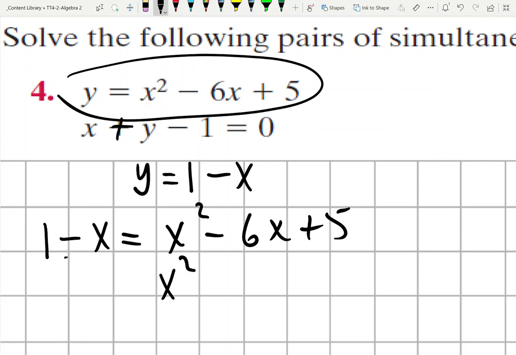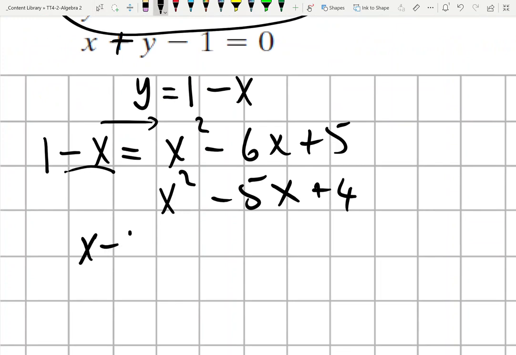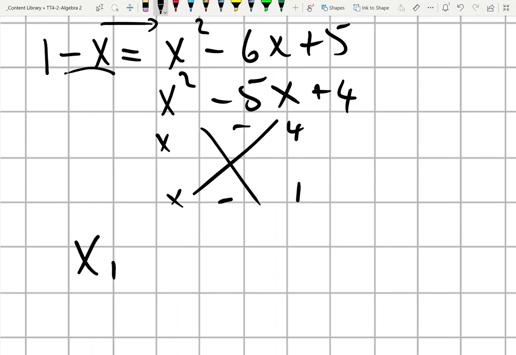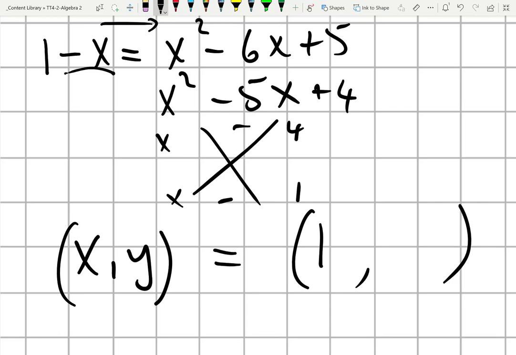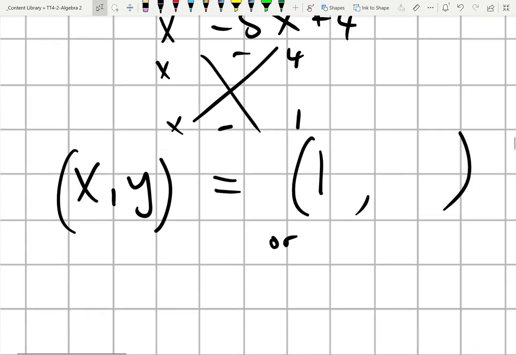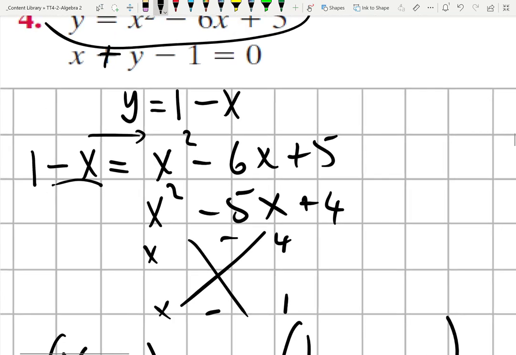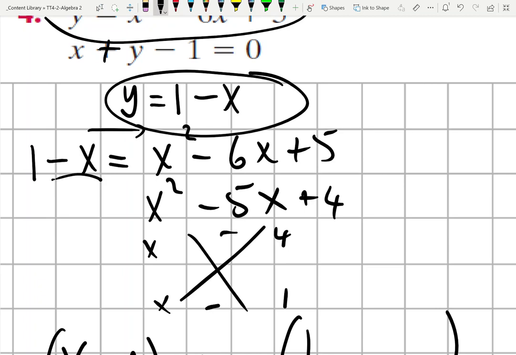Plus x transposed. Okay, and just remind ourselves, 1 take the x coordinate.